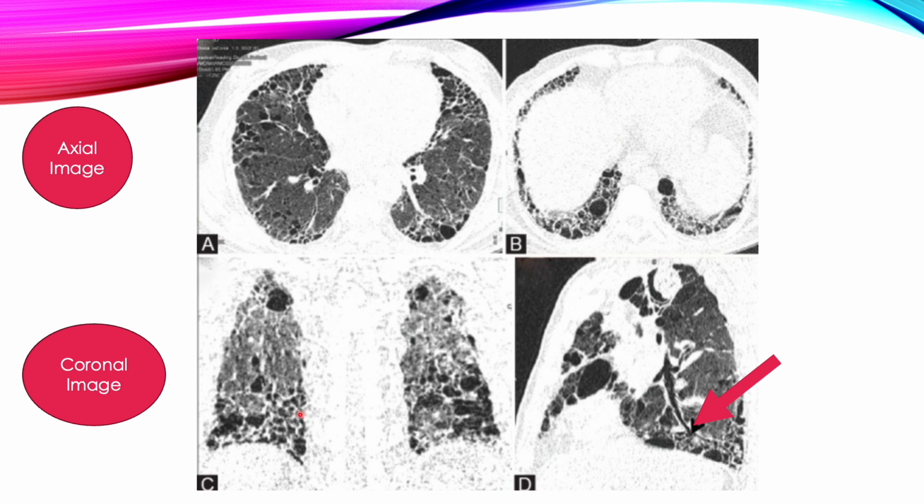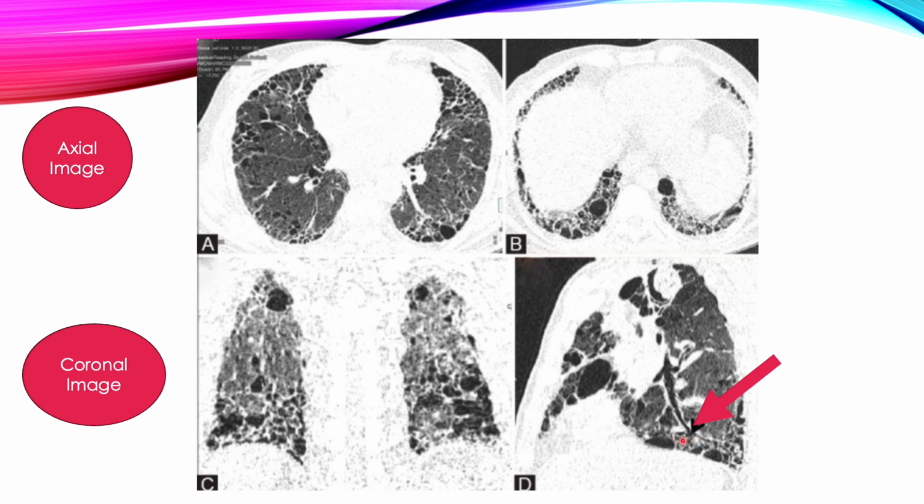So these are the axial and the coronal images in a patient with ILD, probably UIP. You can see that when they did a low-dose CT image for this patient, you are getting a good resolution, and they reconstructed it. So you get a craniocaudal and axial distribution of the reticulations, the septal thickening.